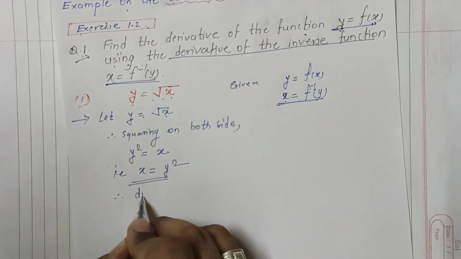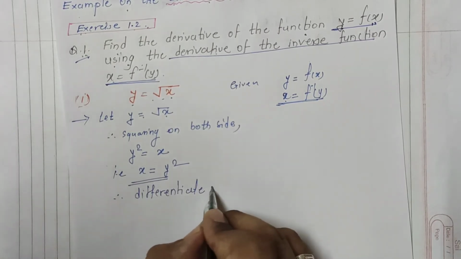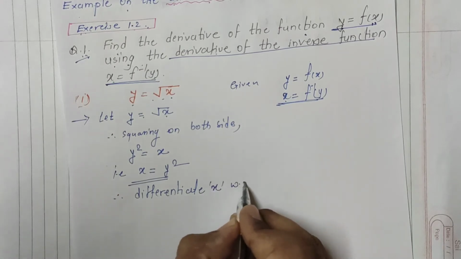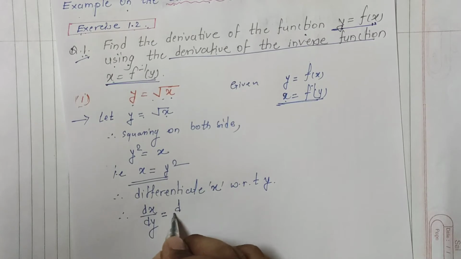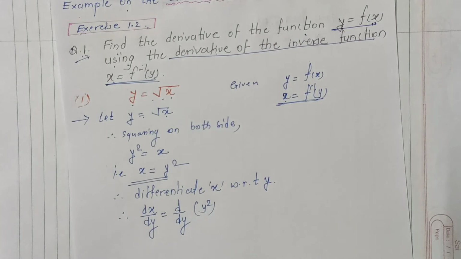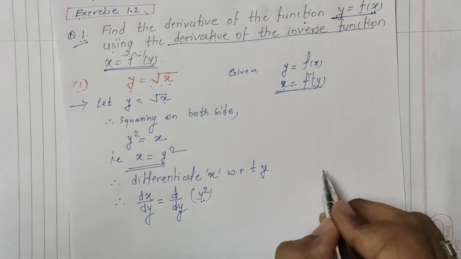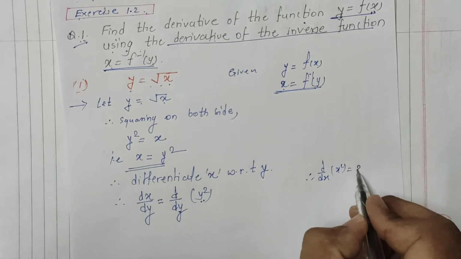Therefore, differentiate x with respect to which function? The y function. Therefore dx by dy is equal to the derivative of y square with respect to y. If we find the derivative of x square with respect to x, we get 2x.